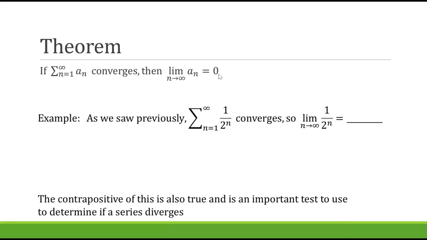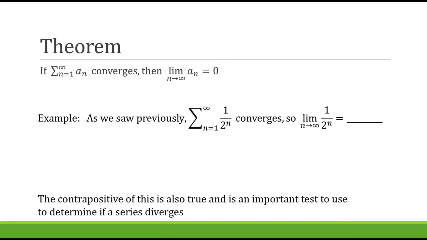The only way that we can possibly add up infinitely many numbers and get a finite number, which would mean that the series converges, is if the limit of the general term equals 0.